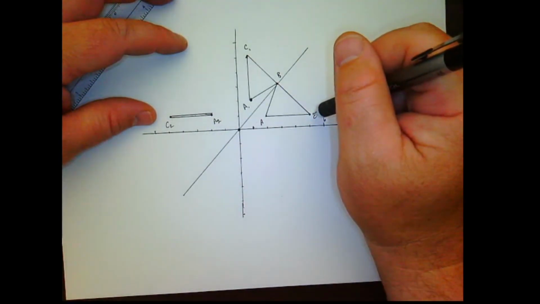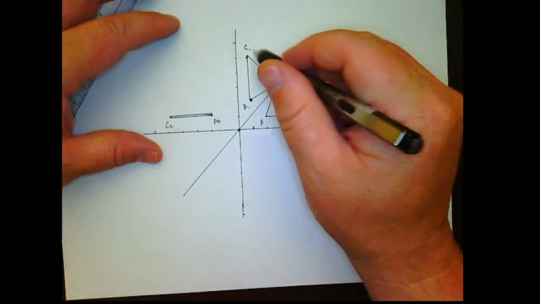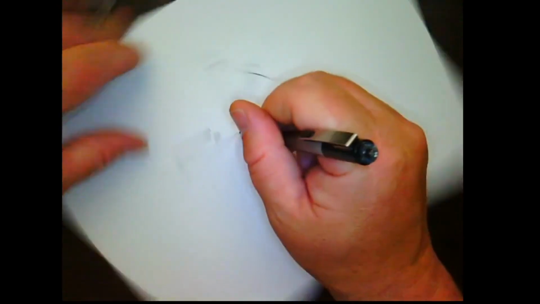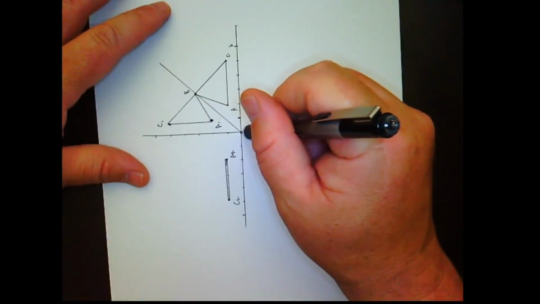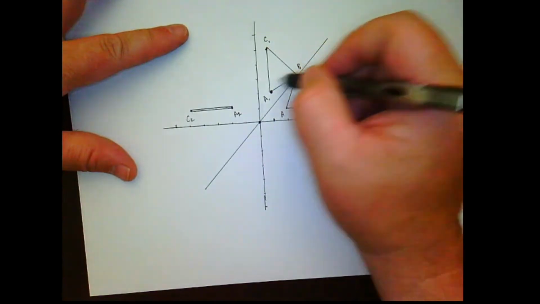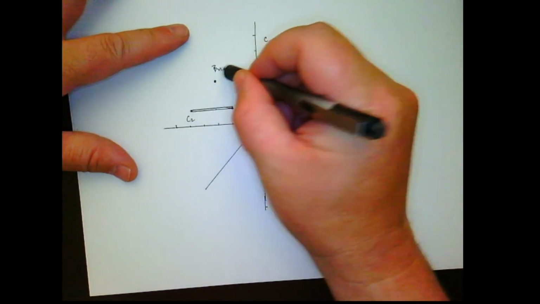Now, I know C is above, right? C is above A. Like this B is going to be above. So it's going to look like this right here, you see? So it looks like left and up. Left 2, left 1 up. Left 1, and then up 2. Left 1, up. Right here. There's B2. All right.